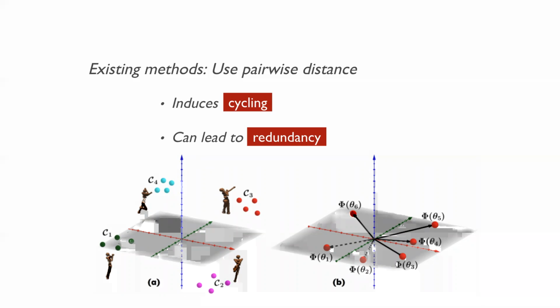So how can we prevent this kind of mode collapse for a diversity distance over a population of agents in this case?